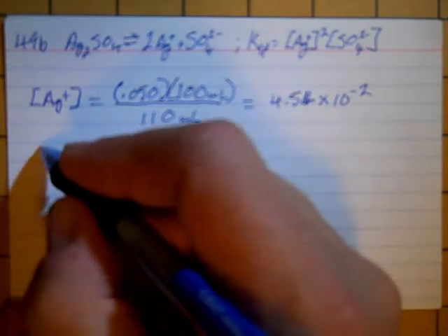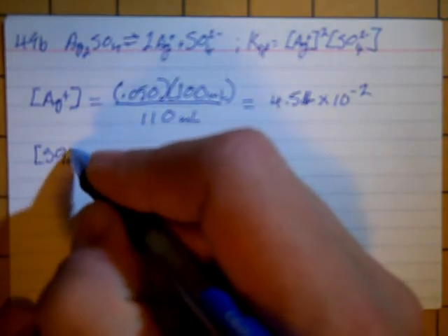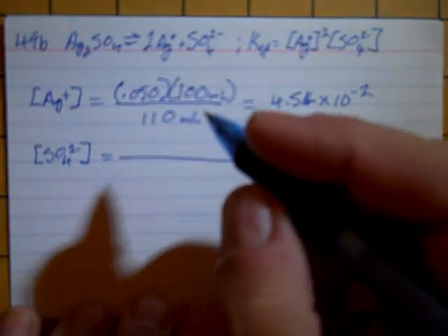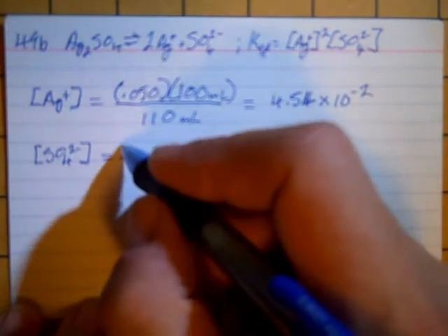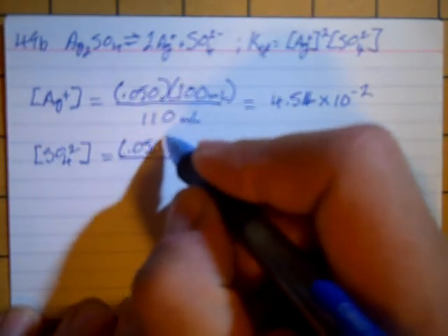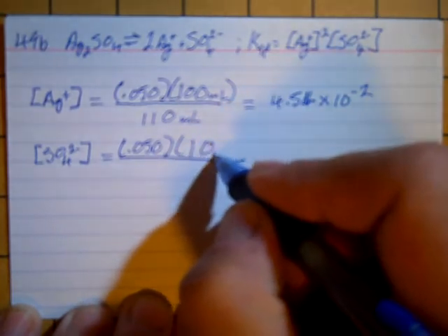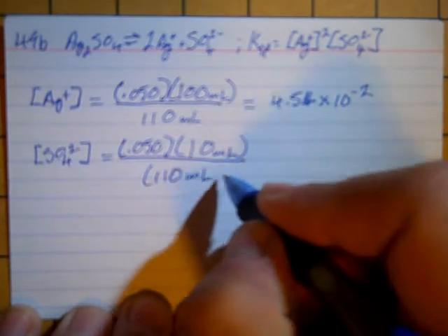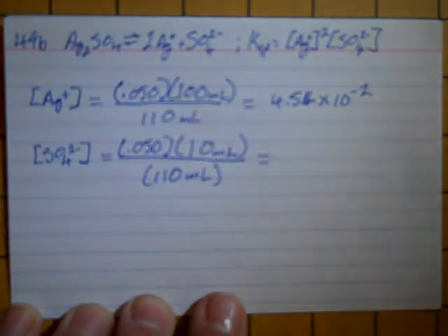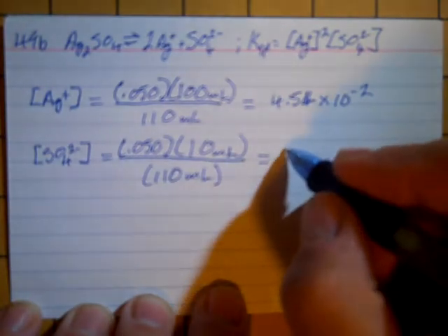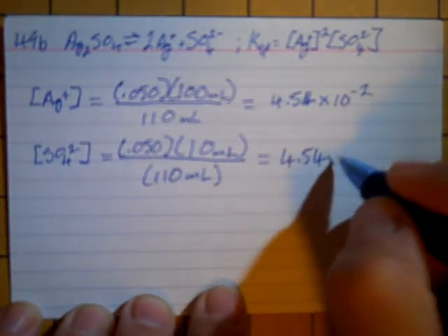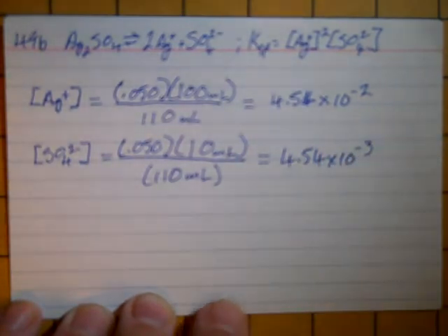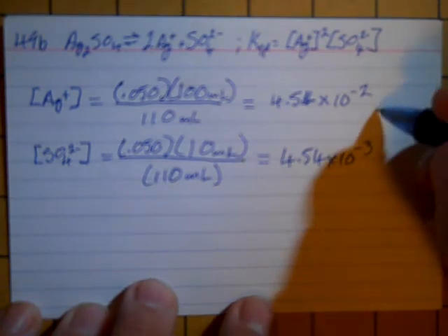For sulfate, that equals its original concentration times its original volume divided by the total volume. And that also ends up equaling 4.54, but this time times 10 to the minus 3. And these are both molarities.